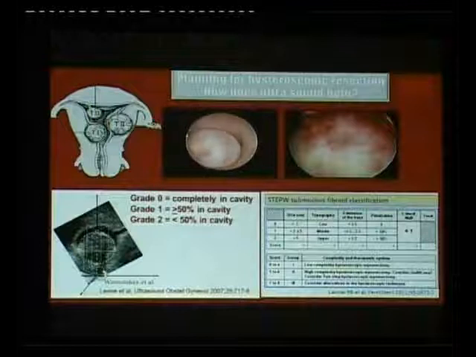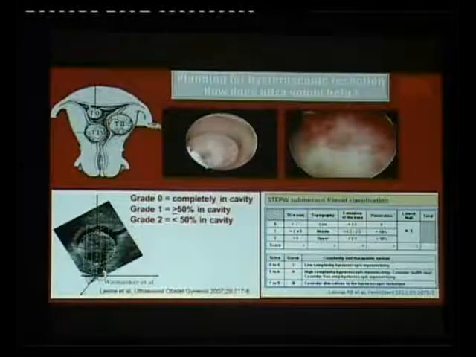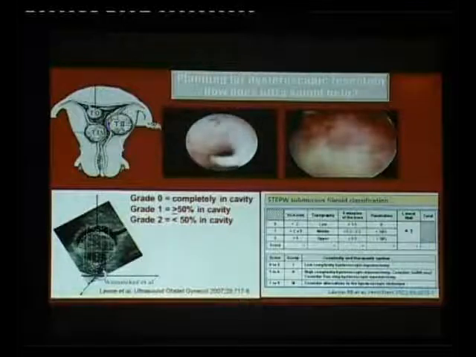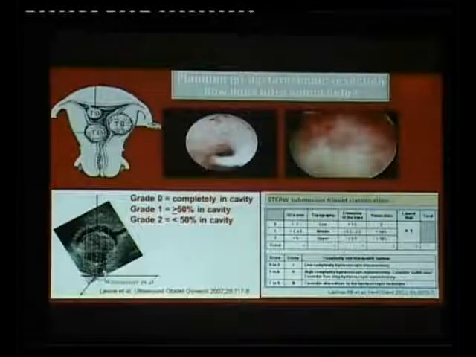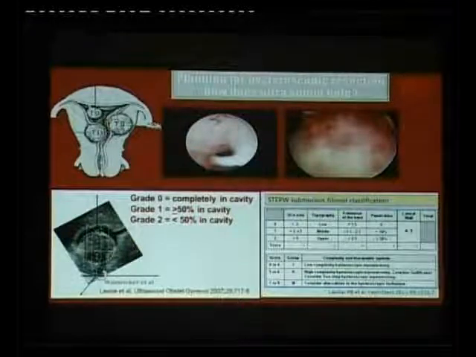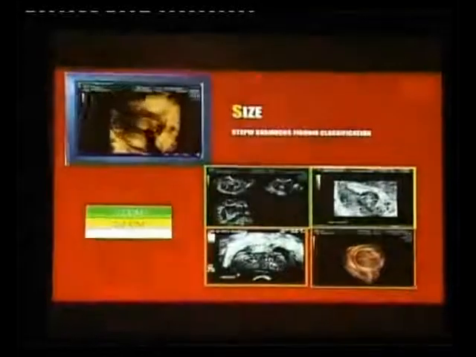So let me tell you about the Lasmar score. The scores are 0 to 4, 5 to 6, 7 to 9, and this tells us whether we should do a hysteroscopy or hysteroscopy 2-step or a laparotomy to remove the myoma. And this Lasmar score is based on size, topography, extension to the base, penetration, and lateral wall extension.